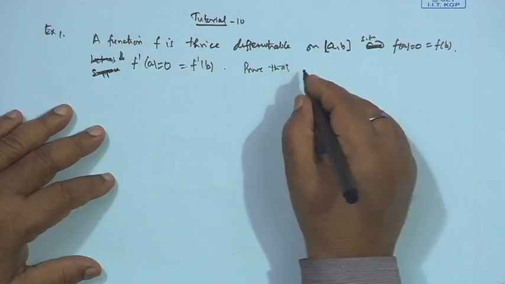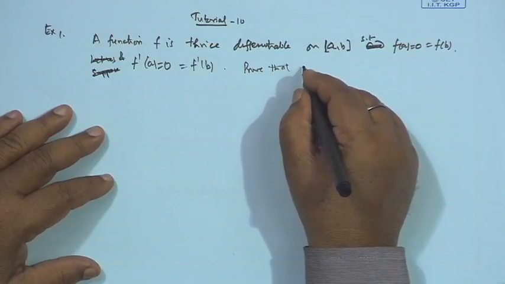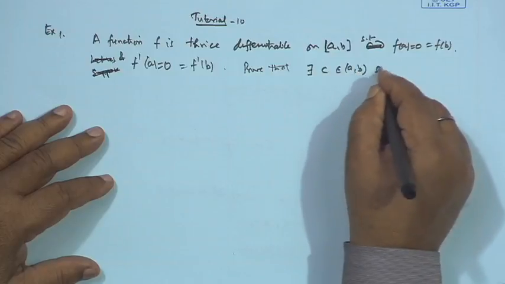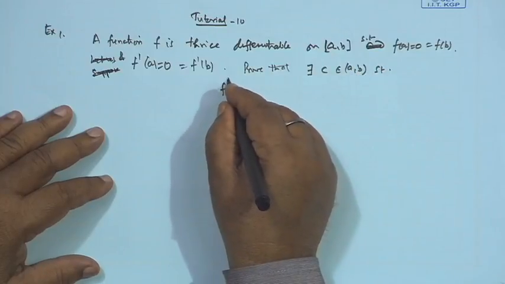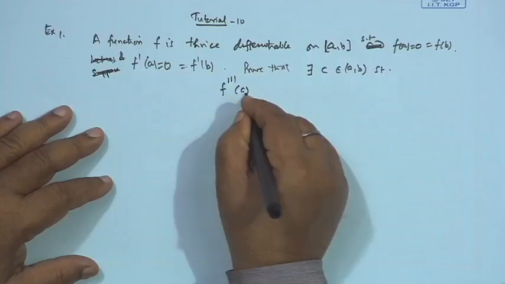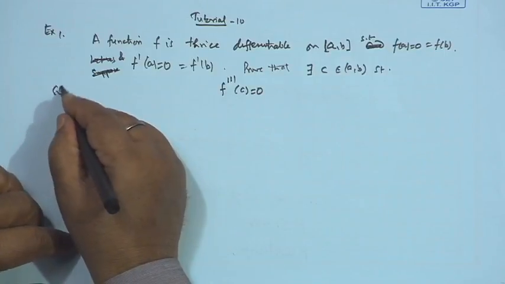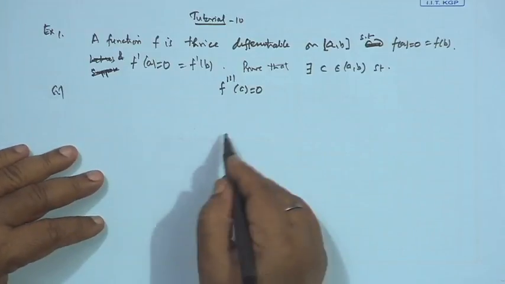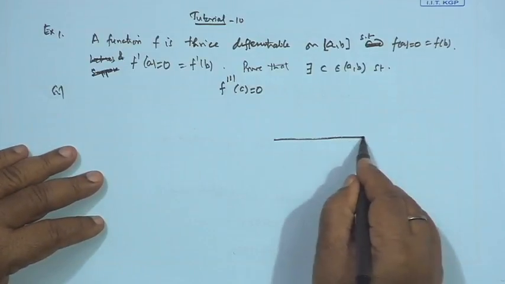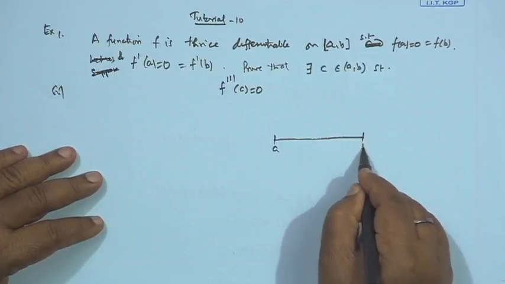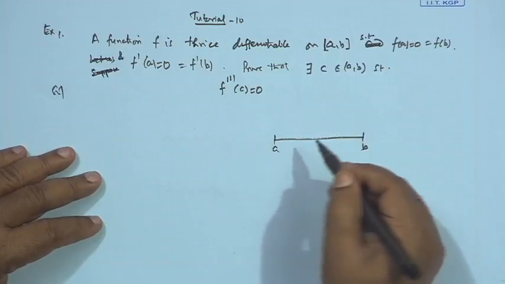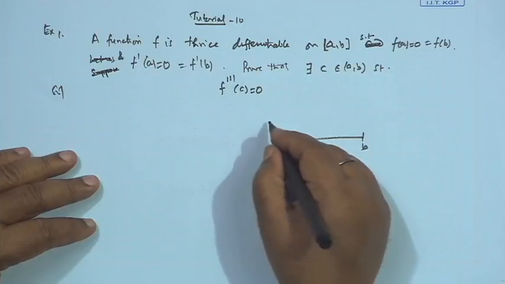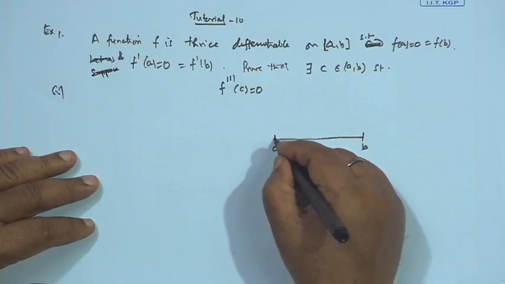Then prove that there exists a c in the interval (a, b) such that the third derivative of the function at the point c is 0. So, what is given is the interval [a, b], the function f is thrice differentiable, so it is a continuous, differentiable function, and at the point a the function is 0, at the point b the function is 0.